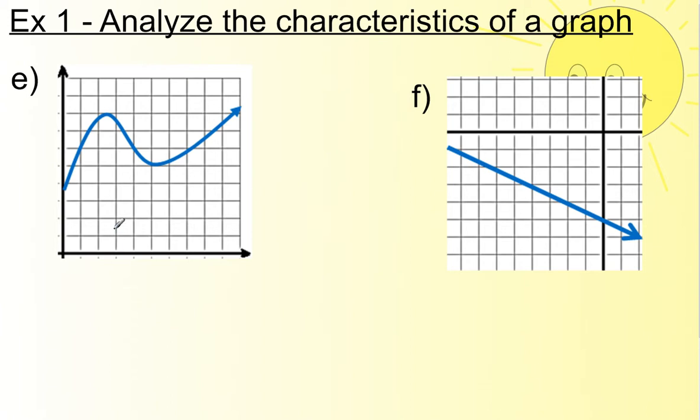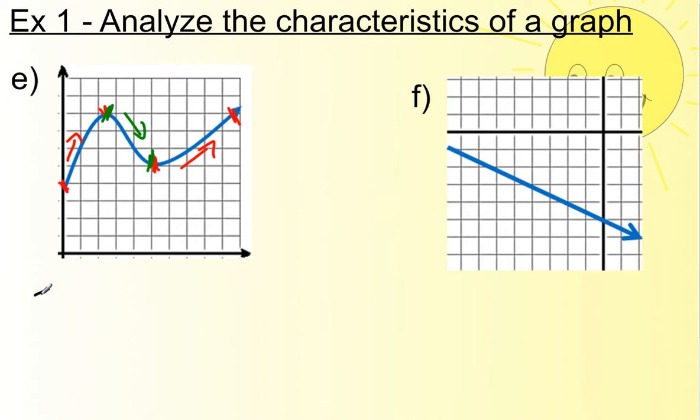Alrighty, so this one is both increasing and decreasing. It's increasing from here to here, and it's increasing from here to here. See, it's going up, it's going up. It's decreasing in the other section. It's going down.